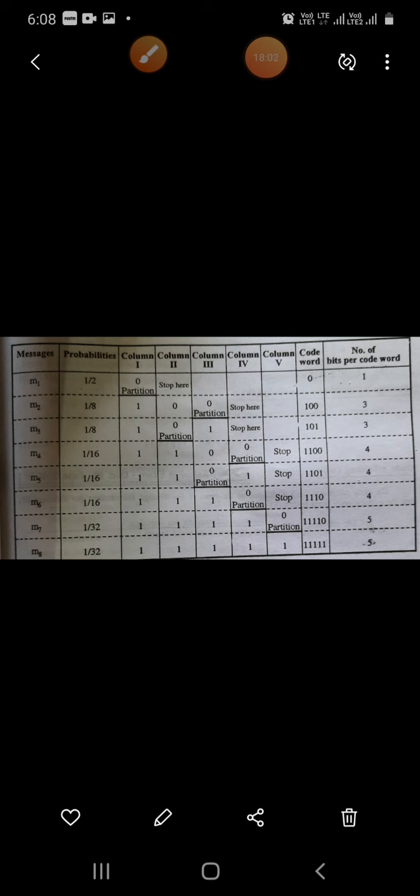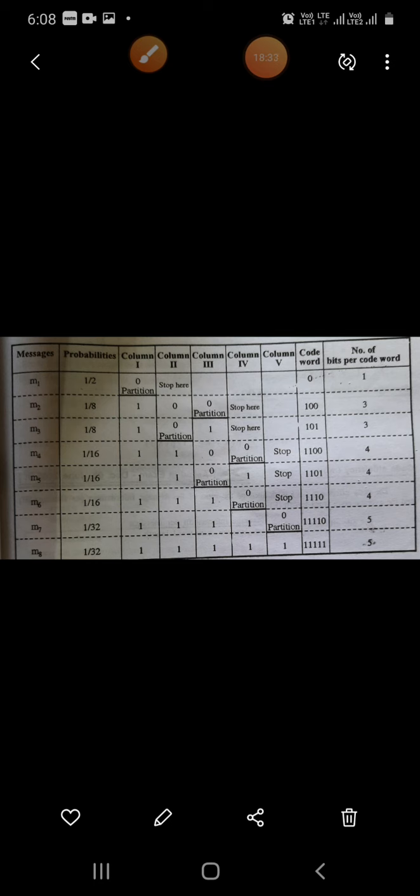Now consider column 1 in the table. Here we divide the total 8 messages into 2 partitions, or groups, such that the sum of probability of each group is the same. Thus in column 1 we have M1 in one group and all other messages in the other group.